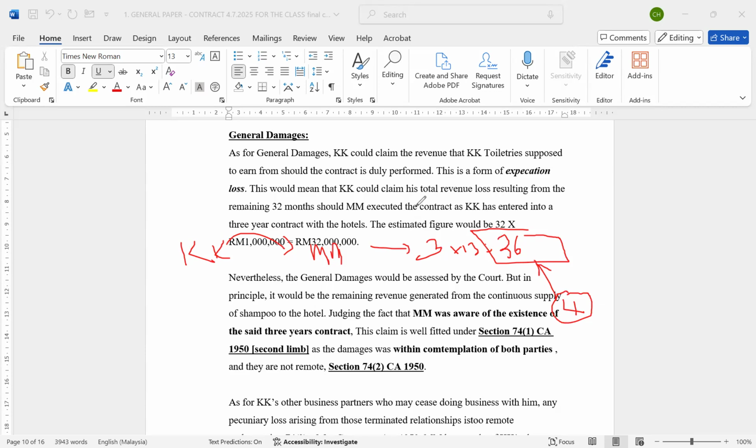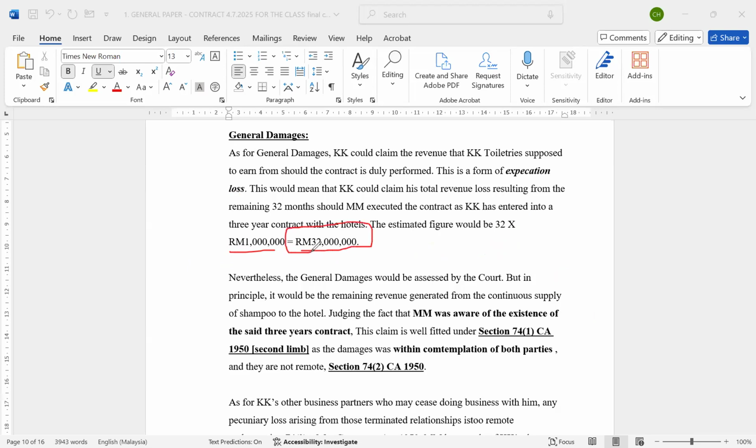Correct? So there will be some expectation loss out of it. If the contract goes well, by right, KK would have gained benefit from all the contracts that he handled with the three hotels. Thereby, he will earn the remaining 32 months of 1 million ringgit revenue. That will amount to 32 million ringgit as a whole. Okay?